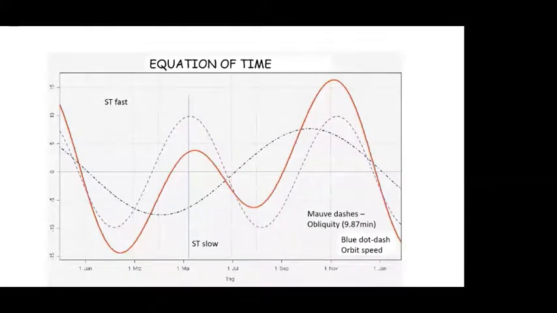If you create curves out of it, this curve that runs in a sine curve is due to the obliquity of the Earth's axis. This other dot-dash curve is due to the orbital speed of the Earth around the Sun.